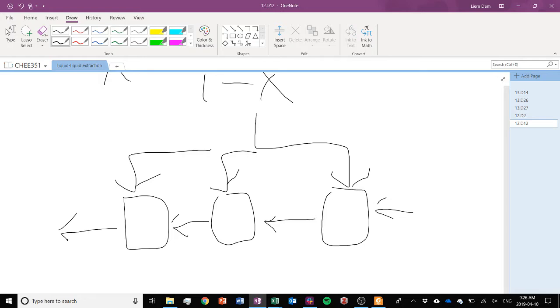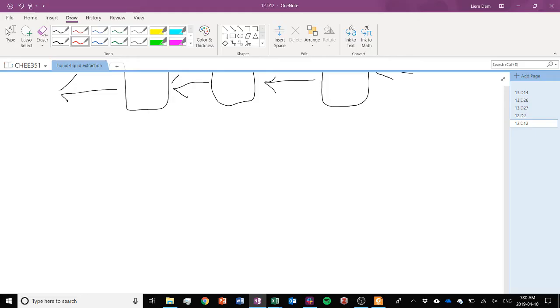So all of these stages have the same gas concentration, but they might not have the same flow rate. In a sense, this is like several single stage operations, several flashing operations, for example, in series instead of a countercurrent system.